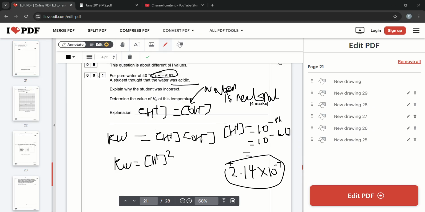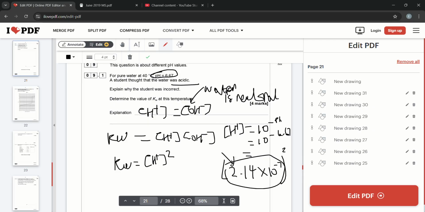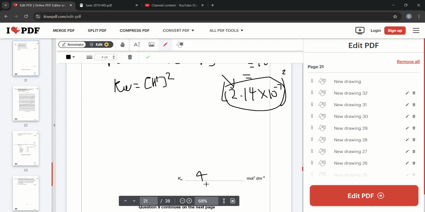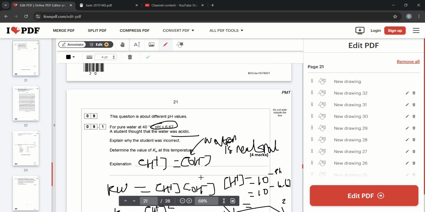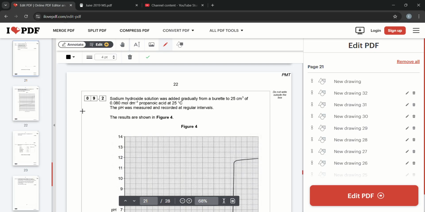And therefore Kw is just going to be this squared, H+, which we just worked out, squared. So I'm just going to do brackets, answer squared, and we get 4.57 times 10 to the power of minus 14. It doesn't say any significant figures, so that should be fine.